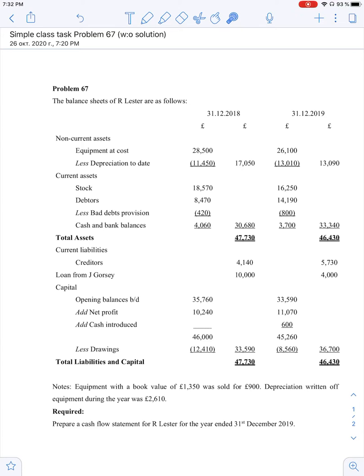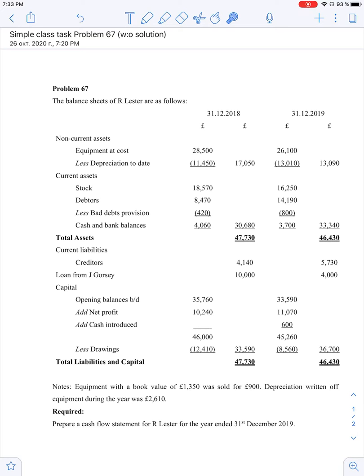How could we use the balance sheet in order to find the profit of the company earned during the financial period, during the year between these two dates? I believe we can look at the capital section, because capital from year to year increases by the amount of profit earned during the financial period.